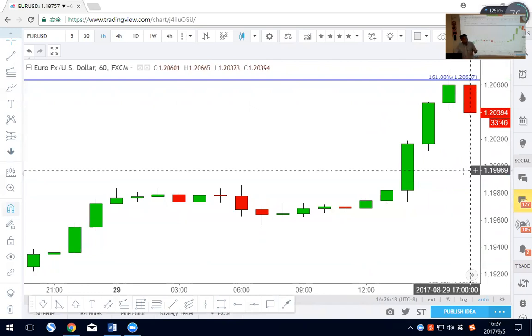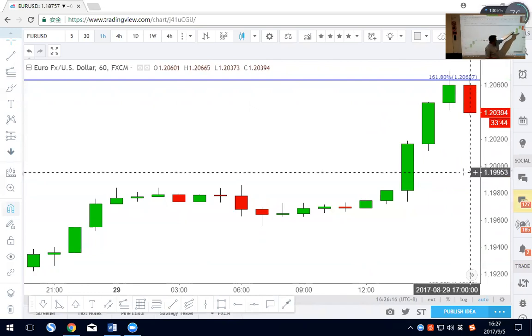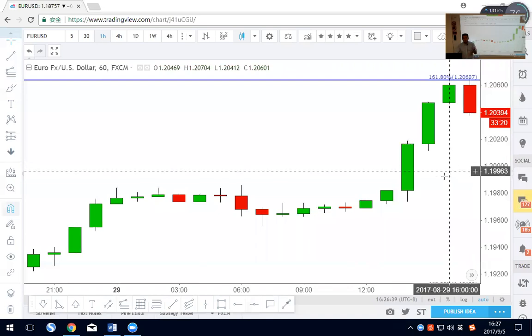This is a kind of confirmation because the sellers overtook the buyers' starting point, the opening price of this candle. So this is a price confirmation. And once you see this, we are quite sure that 1.2060 may become a very strong rejection level, and therefore you can consider short, right?